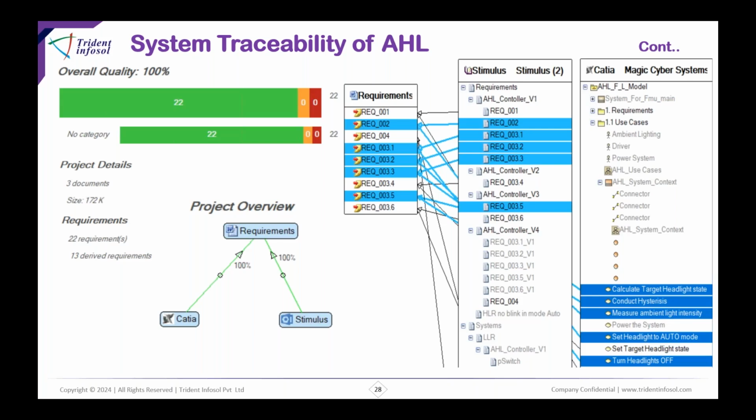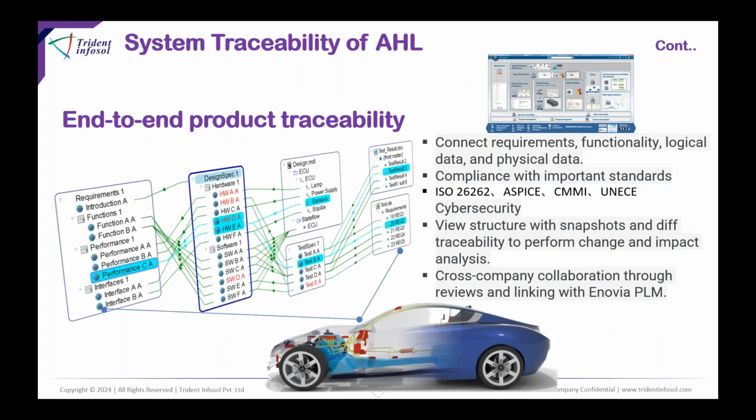These captured elements can be reviewed, and the review workflow will also be available inside the tool. Similarly, other lifecycle artifacts can be added to a Rectify project for end-to-end traceability.